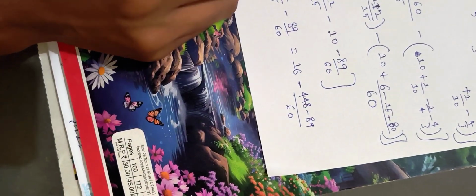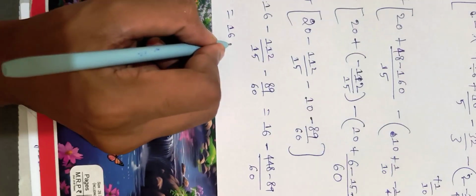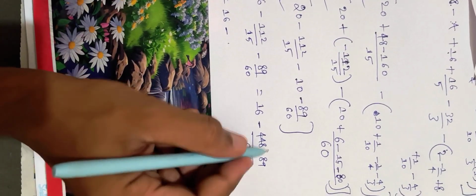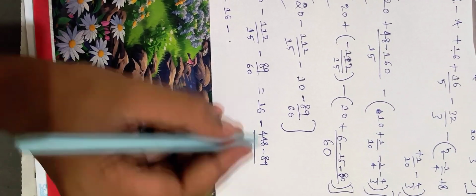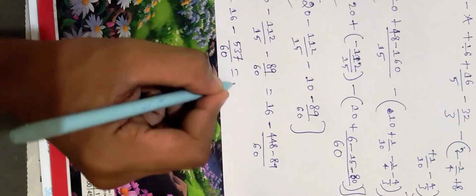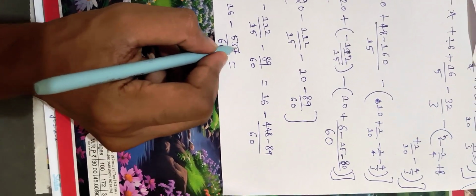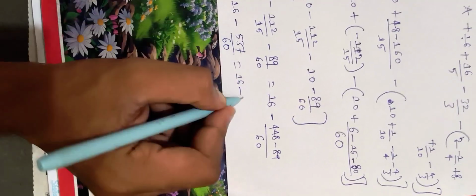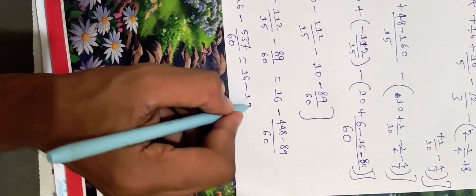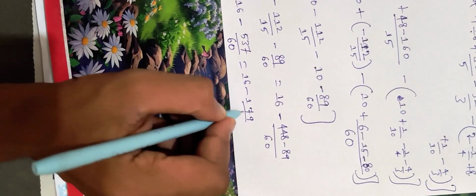So this becomes 16 minus, what is the value of this one? 537 divided by 60; if you cancel by 3, it becomes 179 divided by 20.